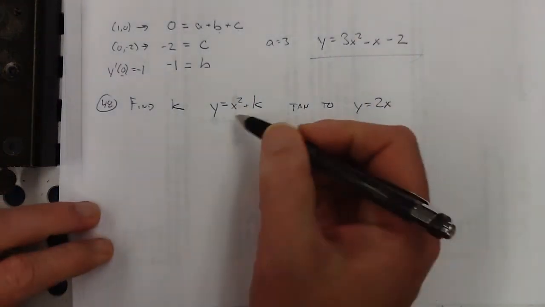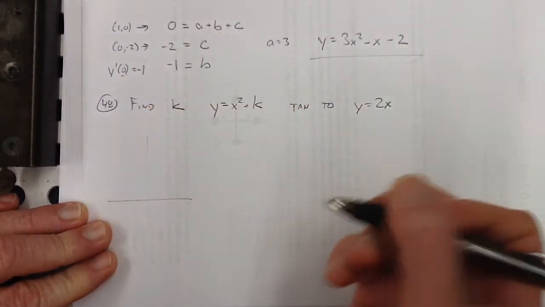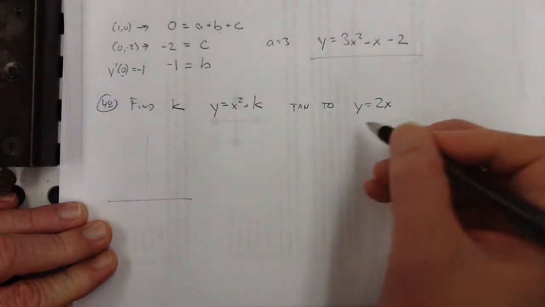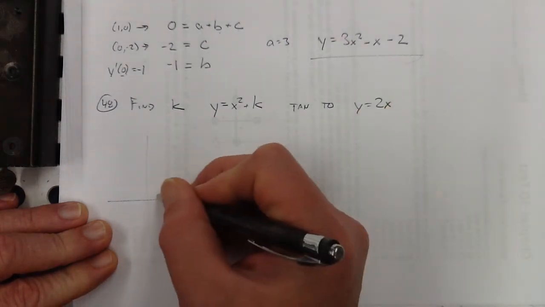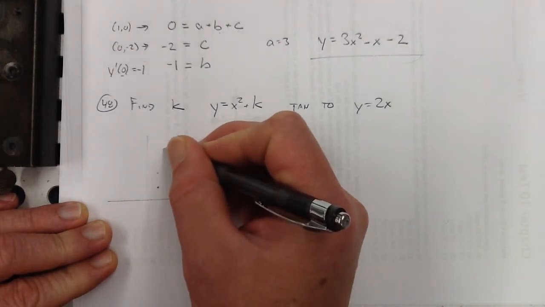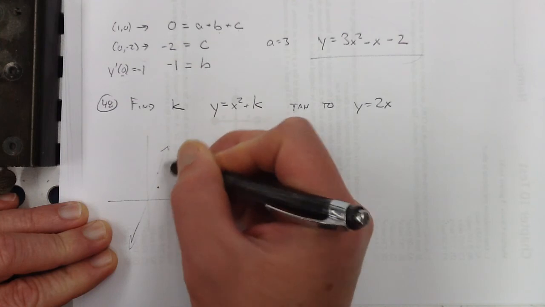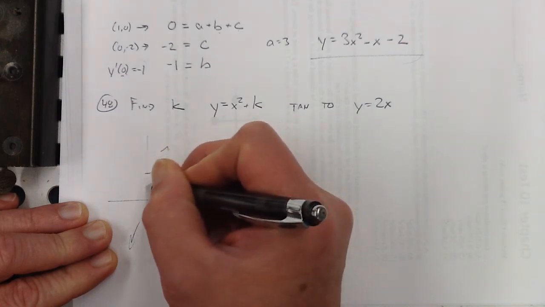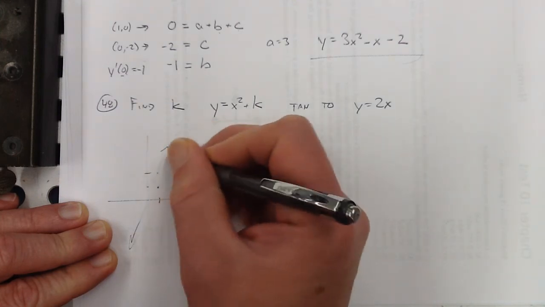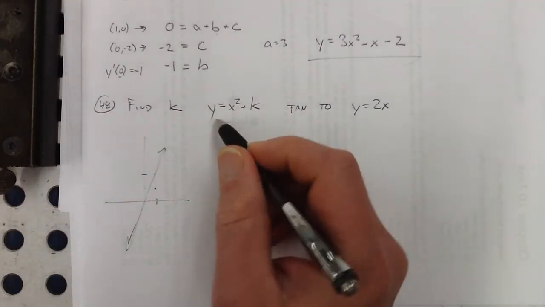Okay, so I'm going to make a little sketch to try to, this could happen in your mind, I suppose. So y equals 2x. There's my line, y equals 2x. And then what does this look like?